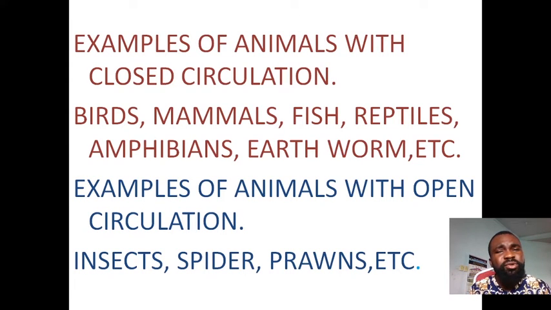Examples of animals with closed circulation. These are animals that have a closed circulatory system, whereby blood flows through the blood vessels, such as the birds and the mammals.